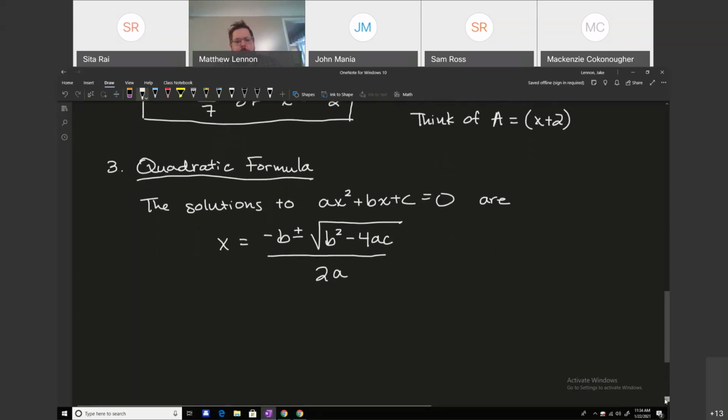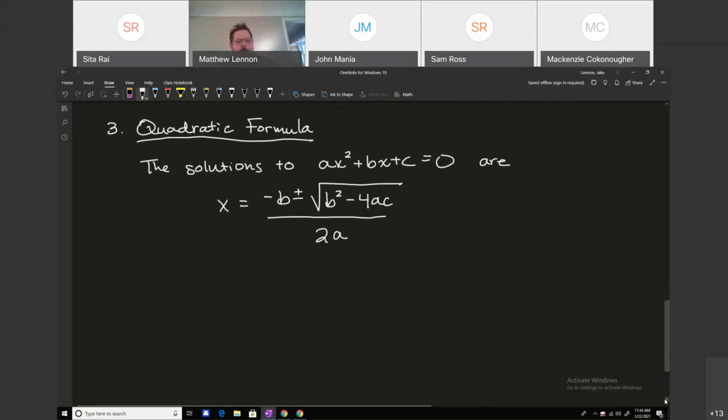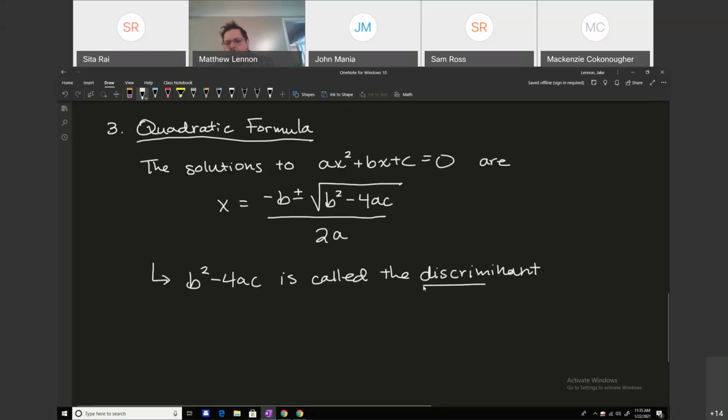One important thing to note is a term: the stuff underneath the square root, that b squared minus 4ac quantity, is called the discriminant. It's important because it'll tell us how many solutions we have.